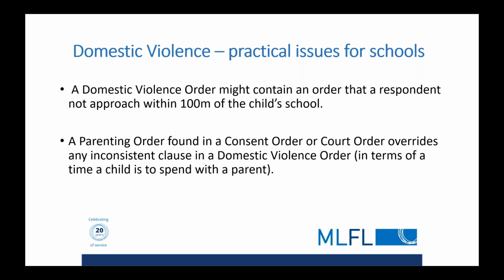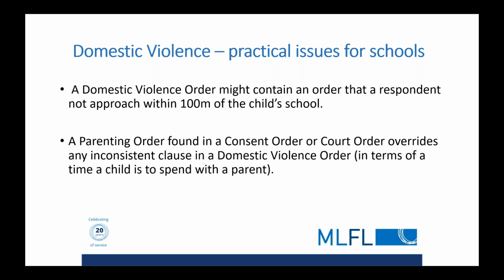In terms of practical issues for schools, you might be handed a copy of a domestic violence order by a parent, and it might contain an order that a respondent not approach within 100 metres of the child's school. Also remember a parenting order, i.e. that is found in a consent order or court order, overrides any inconsistent clause in a domestic violence order in terms of the time a child is to spend with the parent.